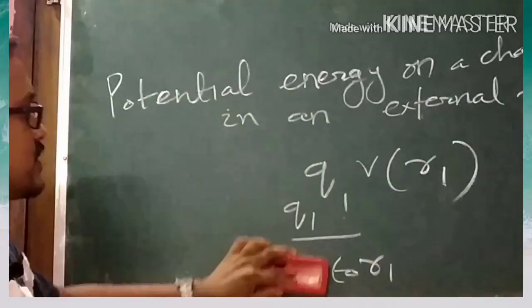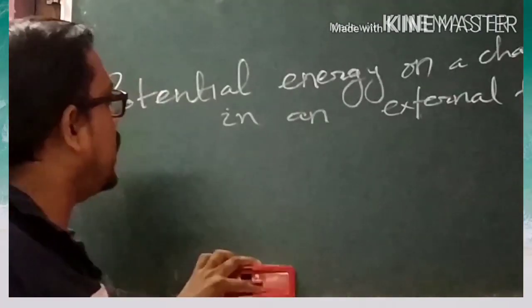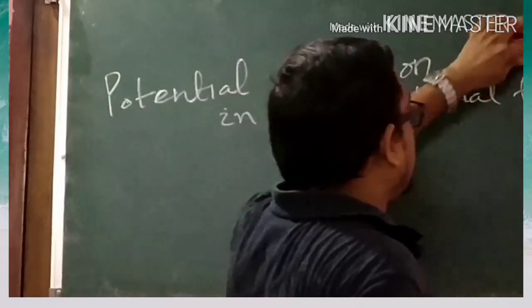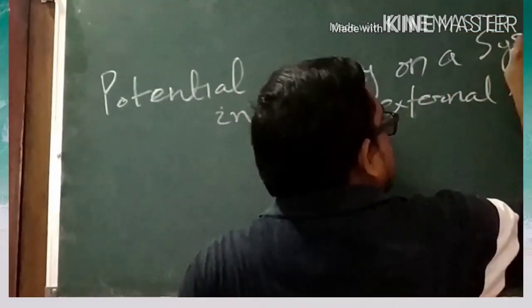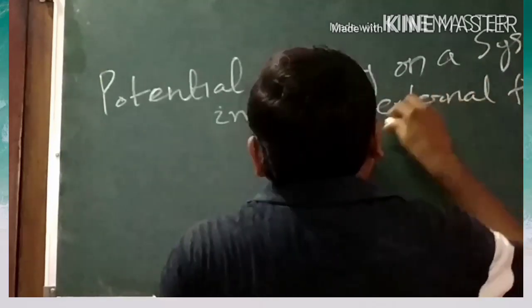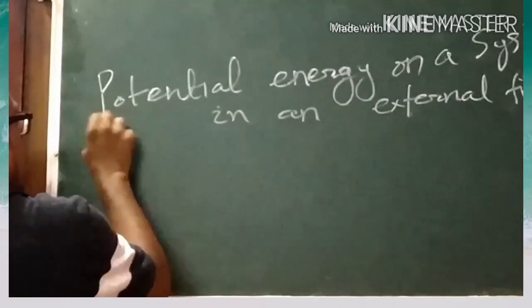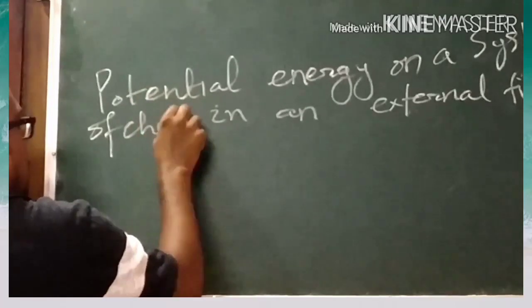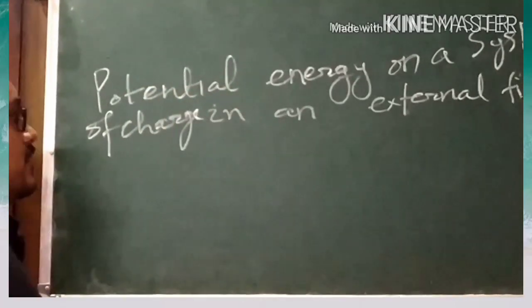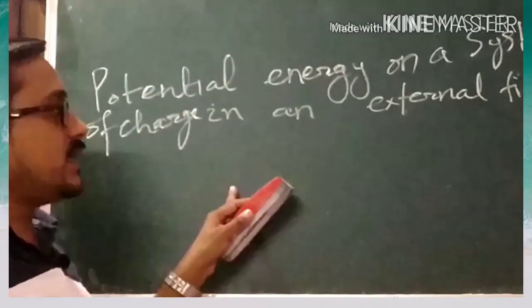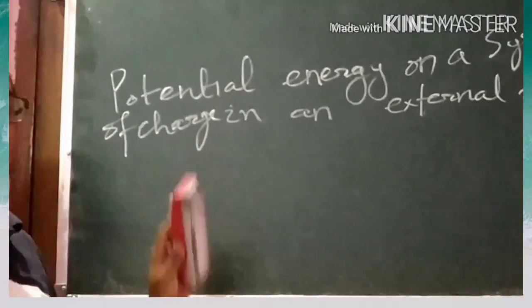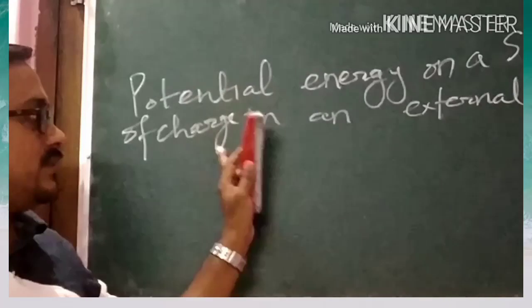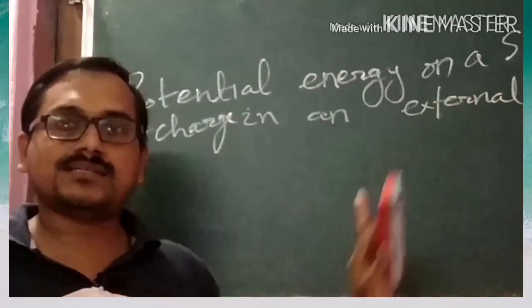The next topic is to calculate the potential energy on a system of charges in an external field. In that situation we have to take more than one charge and calculate the potential energy, again applying an external field.